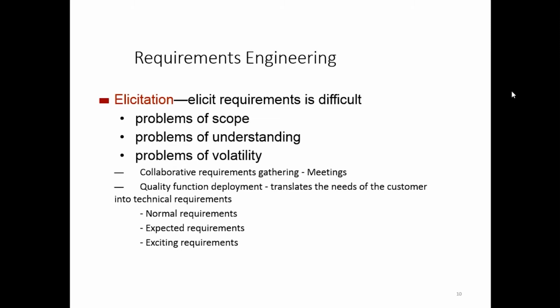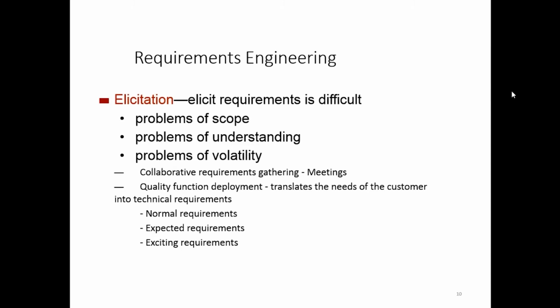Basically, collaborative requirement gathering and quality function deployment are the two activities by which we can accomplish the elicitation task. Apart from that, quality function deployment is a technique that translates the needs of the customer into technical requirements for software.